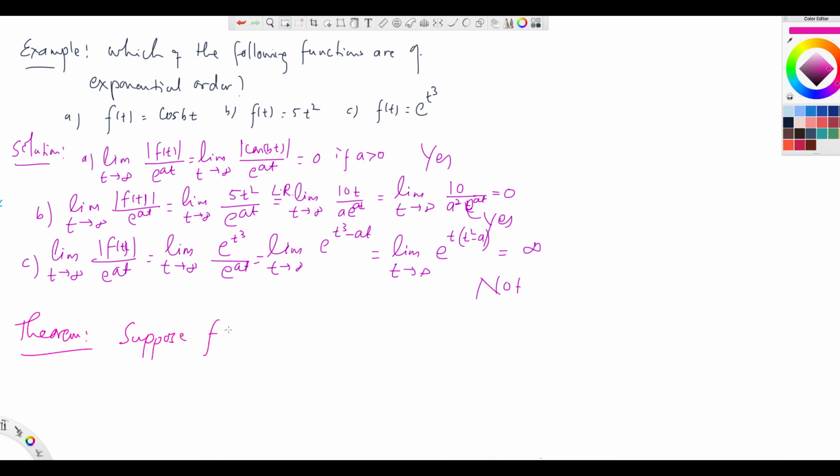Suppose f is piecewise continuous on an interval 0 to a, for any positive number a, and f is of exponential order.